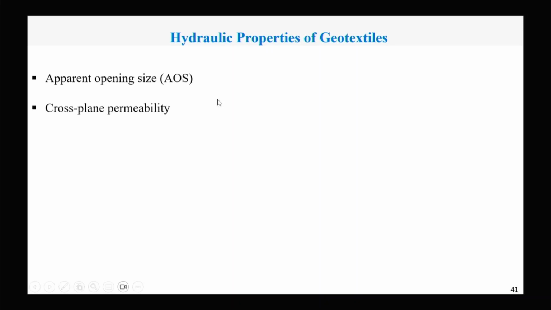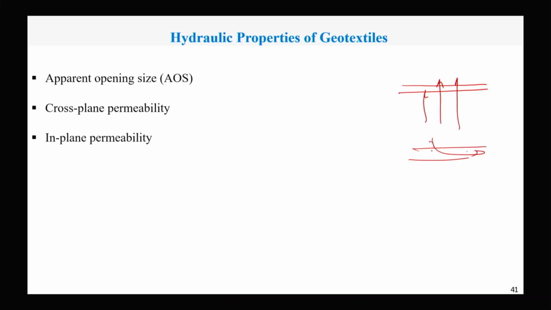Then cross plane permeability, where cross plane means the liquid water penetrates across the plane. In plane permeability, that we have discussed, is penetrating along the plane. Gradient ratio is another important characteristic that we will discuss. Then long-term permeability.